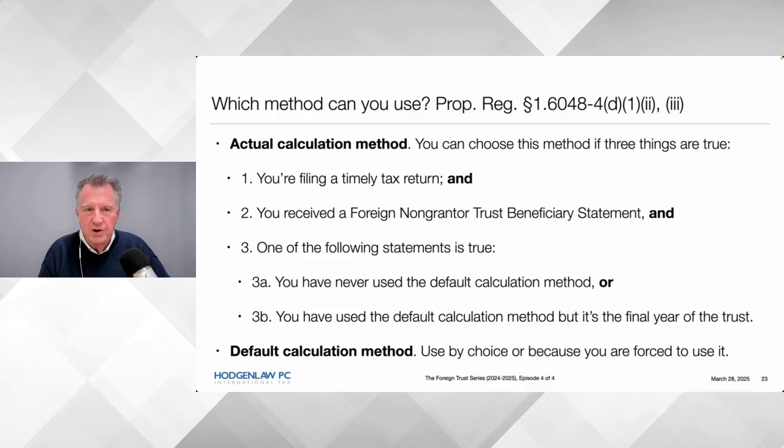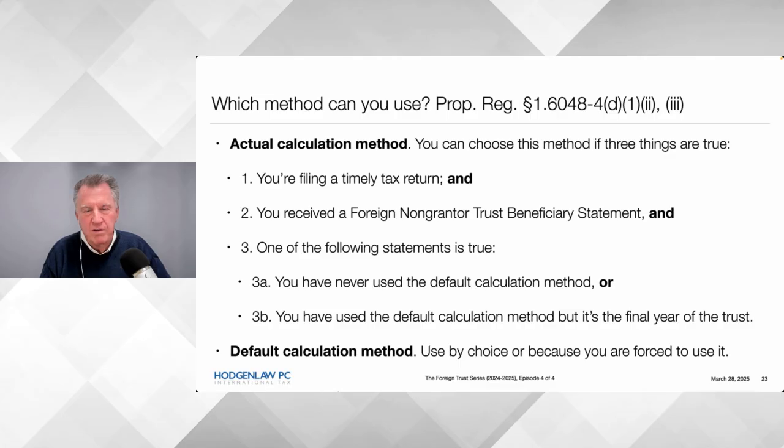Number two, you received a foreign non-grantor trust beneficiary statement before you filed your income tax return. And you're going to have to bolt this thing to the back end of your tax return. So it's either yes, you got it, or no, you didn't. And there's no middle ground on that. So you received a timely foreign non-grantor trust beneficiary statement, and timely means you got it before your filing deadline, including extensions. So if you didn't, again, default calculation method.